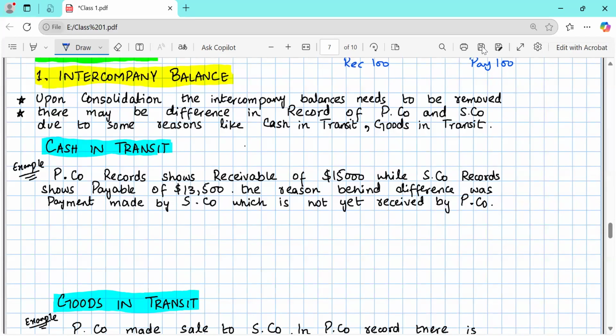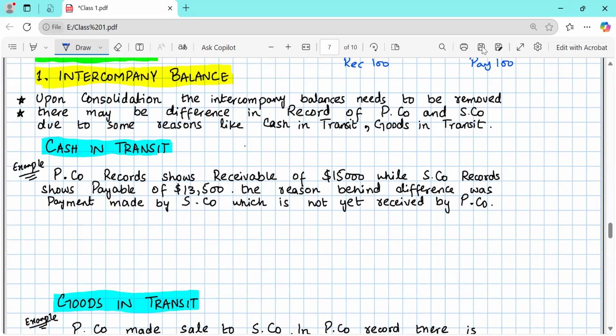The other company will receive the cash in the next year, right? It means that one company has transferred the cash, but because of the public holidays it was in transit, and the other party hasn't received it. So it is cash in transit. Upon consolidation, we will assume that the cash is received, and we will make an adjustment.